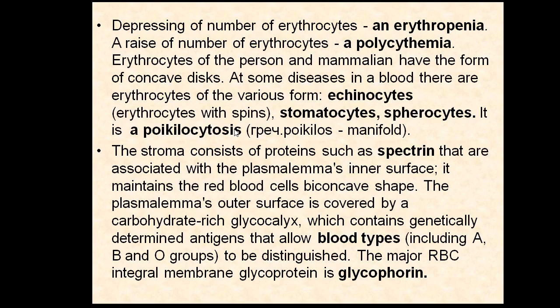Usually in a healthy person, 80% of erythrocytes are big concave discs, normocytes. But 20% may be in other forms, no more than 20%. Maybe echinocytes, erythrocytes with spines, stomatocytes, when a curvature appears in erythrocytes which looks like a mouth, or spherocytes, which are old erythrocytes.